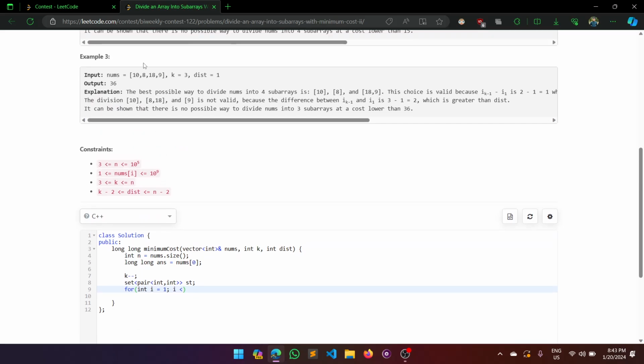Suppose distance is 2, then we'll run it till 2, right? 2 with index 3, then 3, yeah. First I want to insert the number, then the index.